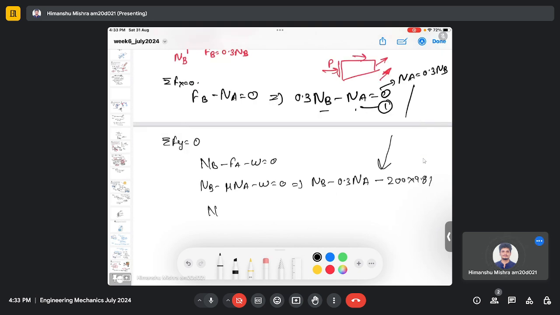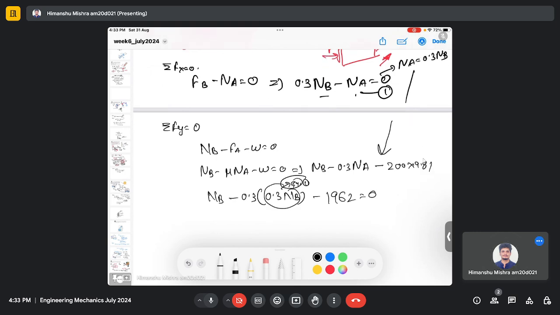So it will be Nb minus 0.3 times 0.3 Nb, minus 1962 equals 0. So it will be 0.91 Nb equals 1962.